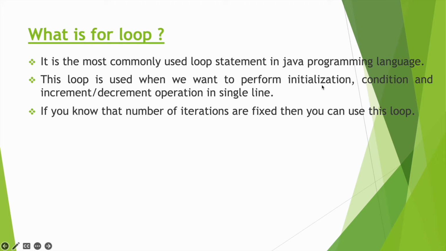But you need to remember this, in for loop you need to initialize, you need to declare a condition, and in the third point, you need to declare increment or decrement operation. I'll show you syntax and a program, so you will get better understanding.